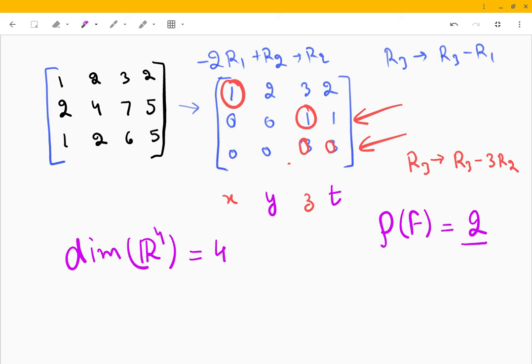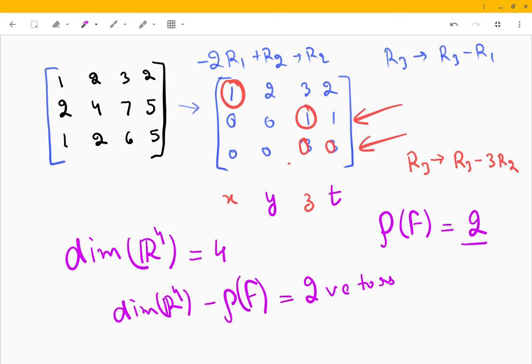And the remaining two vectors, which is actually the dimension of R4, the dimension of our domain, minus the rank of the transformation matrix, which gives us two vectors. These two are in the kernel of the transformation. These two vectors are in the kernel. That means there are two vectors which are mapping to 0.